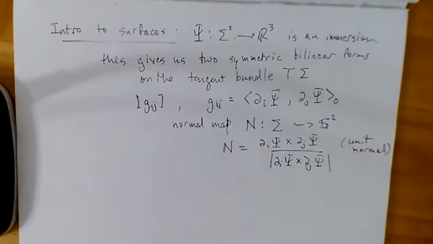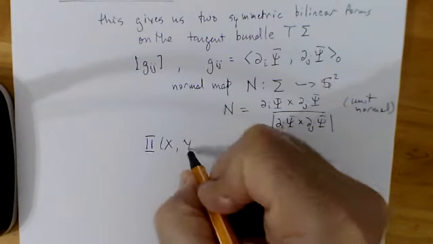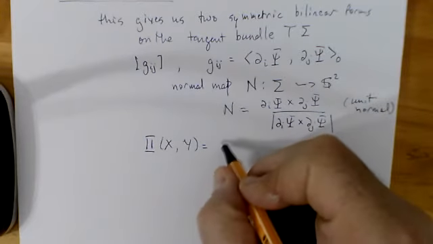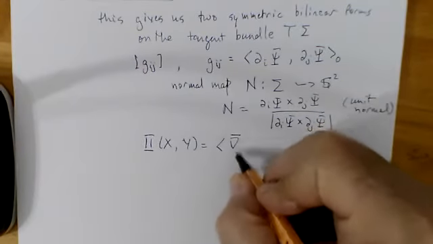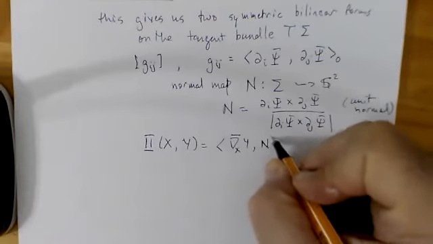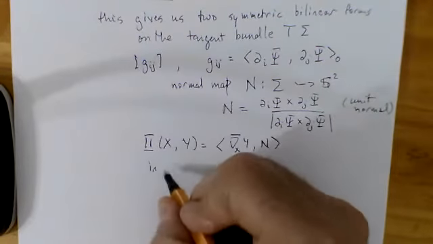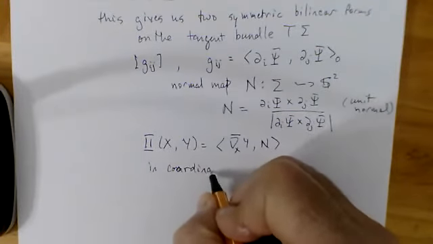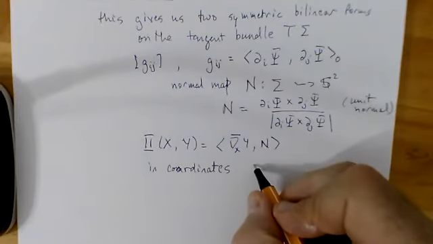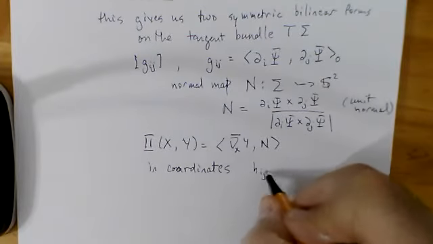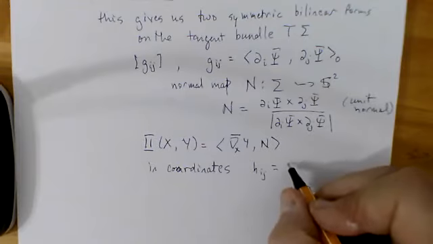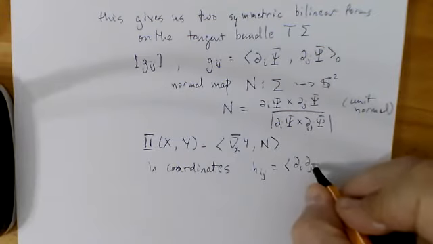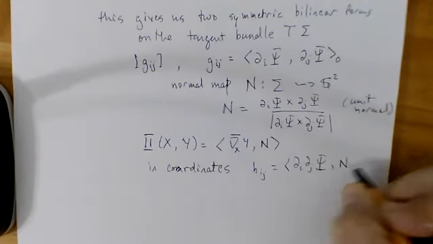Then we define the other symmetric form this way. And in local coordinates, it has components hij, which is going to be the inner product of di dj psi with n.